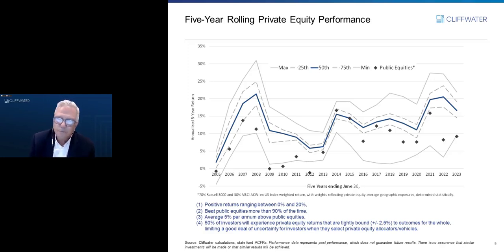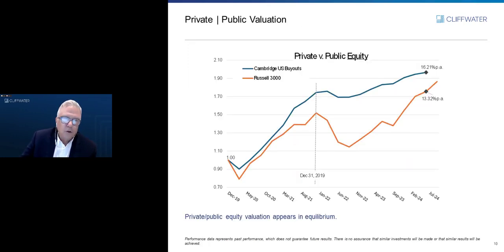Okay. Thanks, Steve. So let me focus on more short-term valuation. This is a more recent graph, a cumulative growth of $1 graph for public versus private equity, because I want to show the issue. There's been a divergence, and I want to explain that.